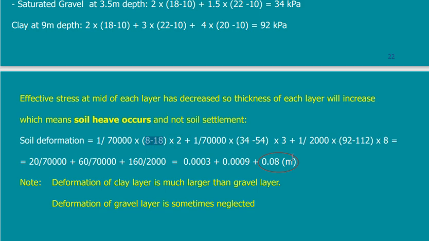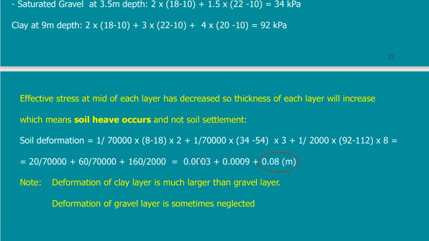So there is a reduction in the stress. From the values that we have calculated, this is the value. Of course, here they are given as positive numbers, because we said that it is heave, it is not settlement, so it is moving up.